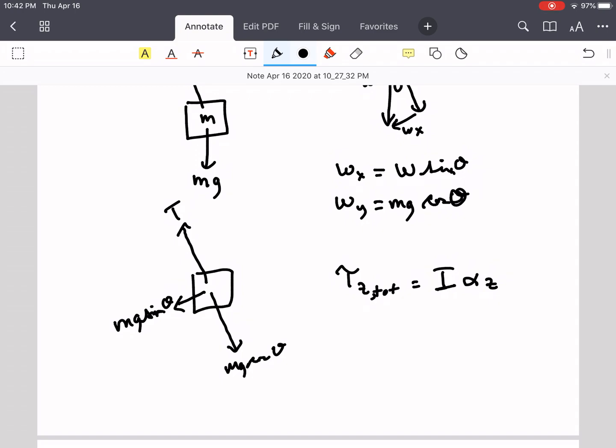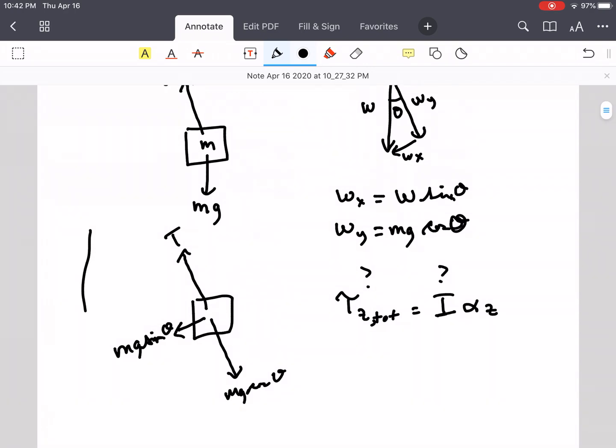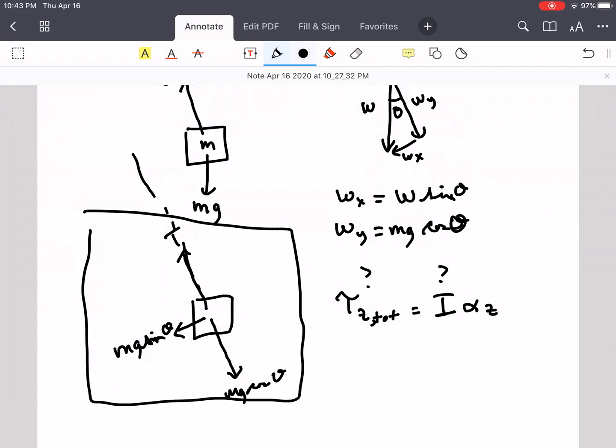So let's figure out what the torque and the moment of inertia are. First off, I want you to take a quick second. Here's my free body diagram, and I'm telling you it's rotating around an axis which is along the direction of the tension.